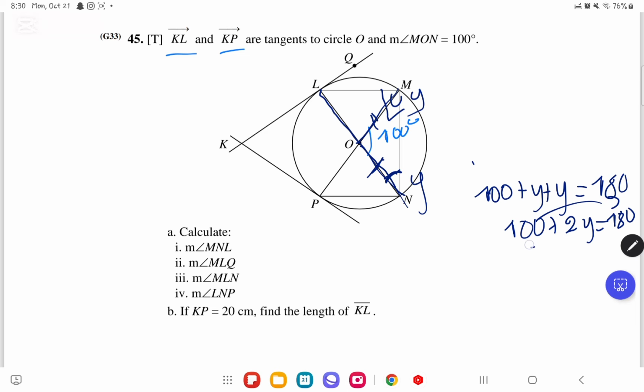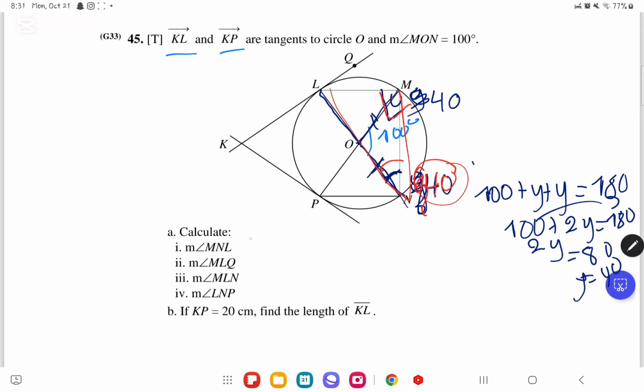Move this to the other side, 2y is gonna be equal to 80, so y is equal to 40. So now we have that this over here is 40 and this over here is 40. Okay, so now we have a 90 degree and we have a 40 degree. We can directly find the measure of MNL, which is 40 degrees.